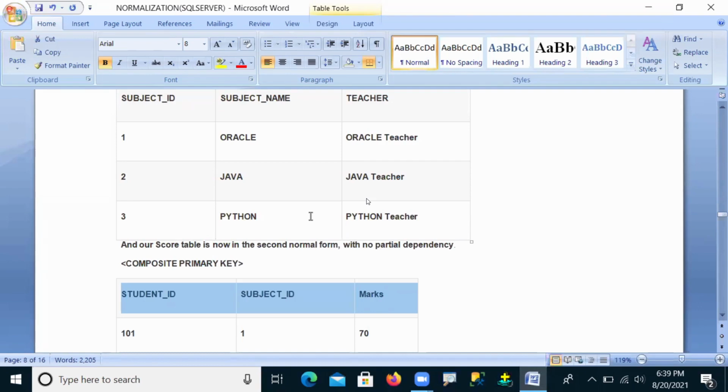No. So these two tables satisfy the second normalization technique, because the partial dependency column that was in my table has been removed and stored in another table that we formed.